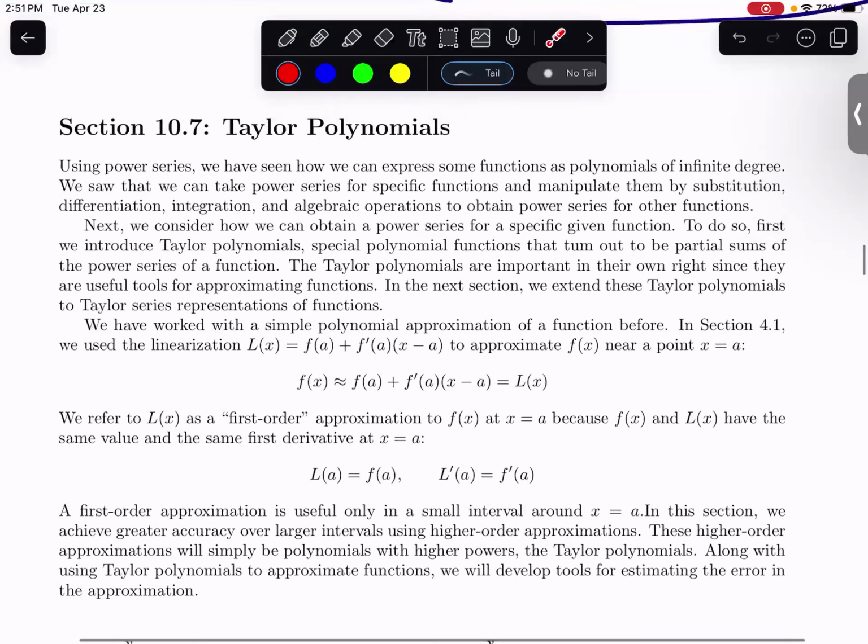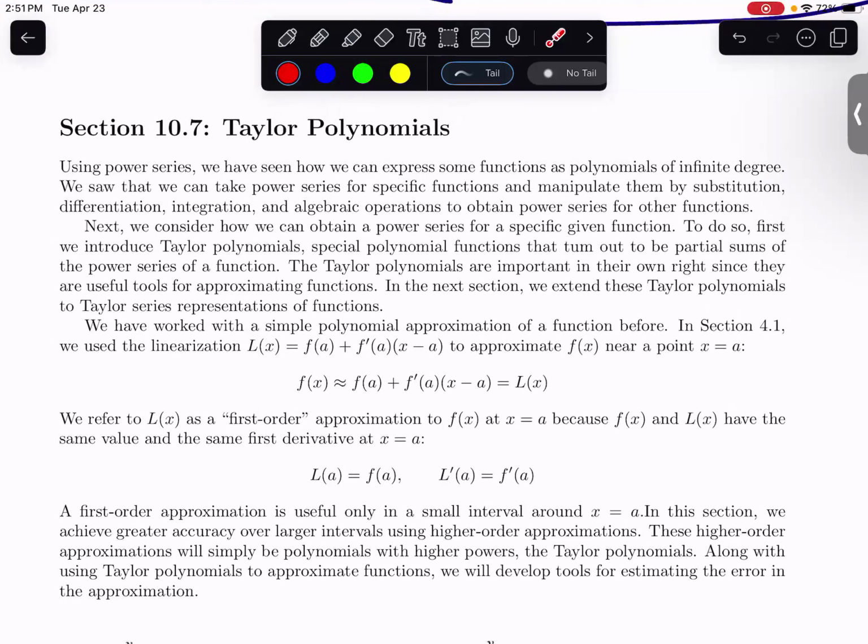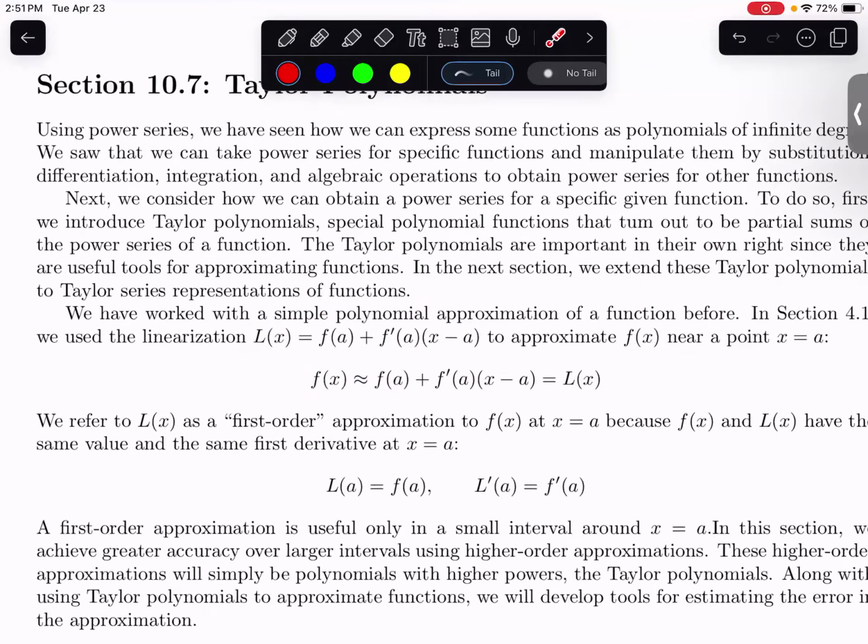But the idea for linearization was that it gave us a way to approximate a function at a point x that was close to a point a via the tangent line. So this linearization is really just the equation of the tangent line of a function at the point x is equal to a. And this linearization equation comes from the derivative.